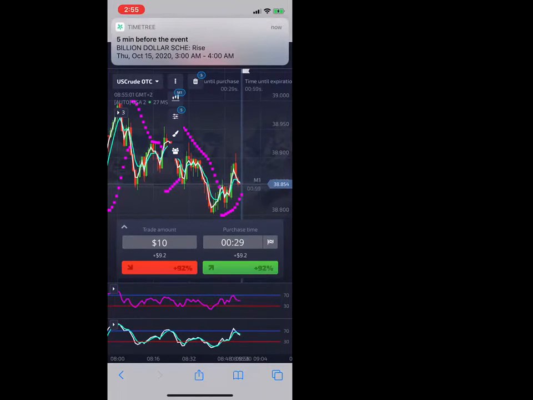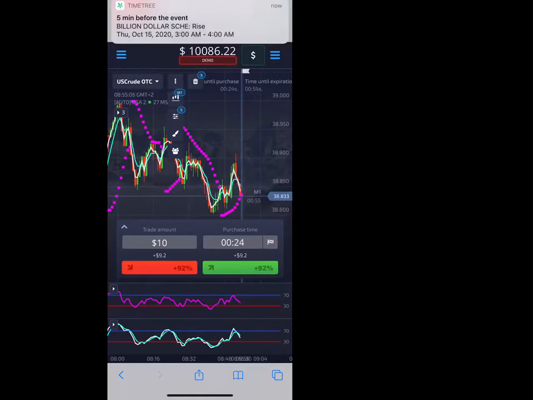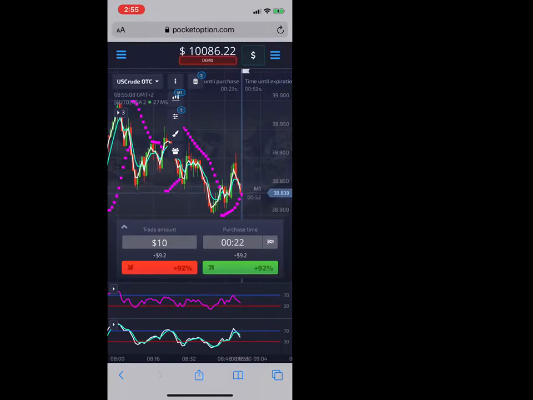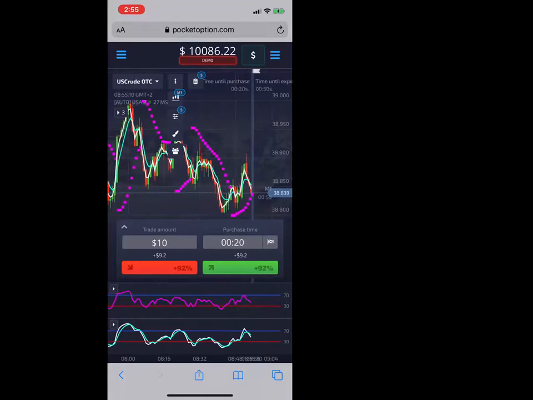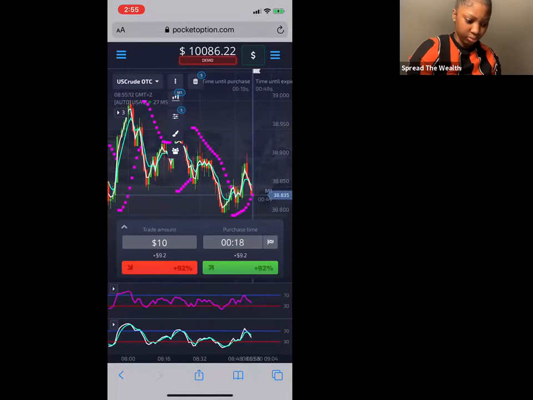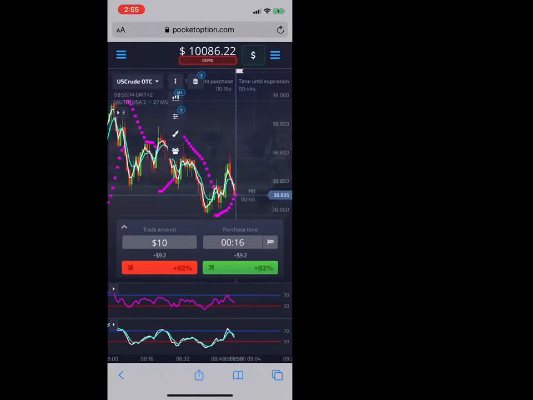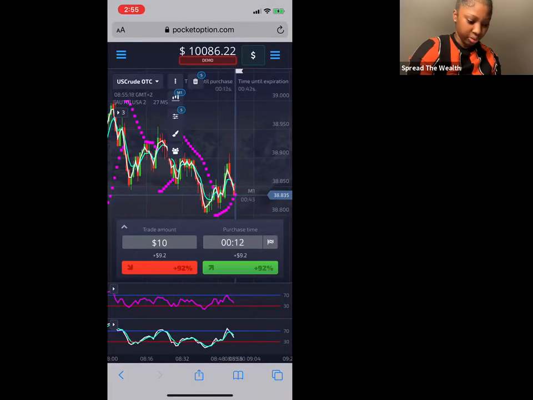If the market went up crossing above the 70% line, you're looking for a buy. All right. So below 30, pointing down, sell. Yeah. Above 70, pointing up, buy.